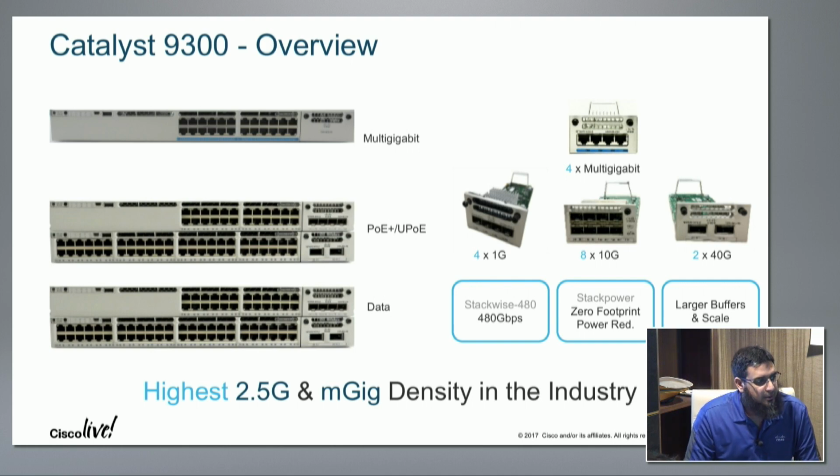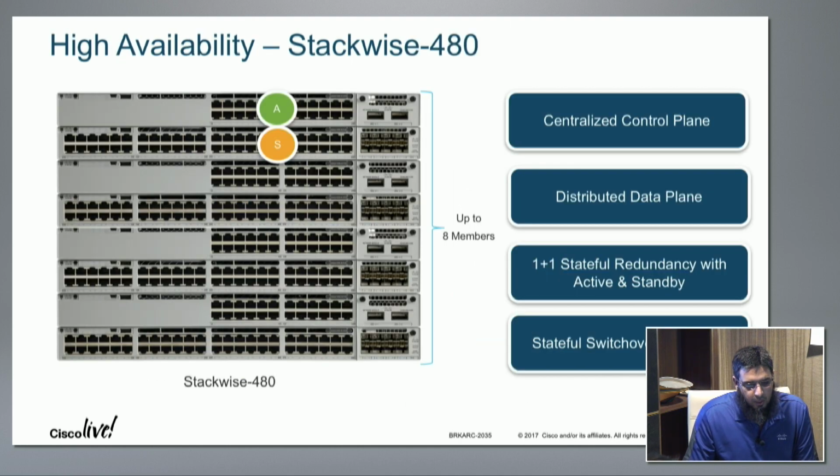The Catalyst 9300 comes with StackWise-480. It also comes with the StackPower technology that we had on the Catalyst 3850, and much better, larger buffer and scale numbers. From a high availability perspective, it has the active and standby model, very similar to Catalyst 3850.